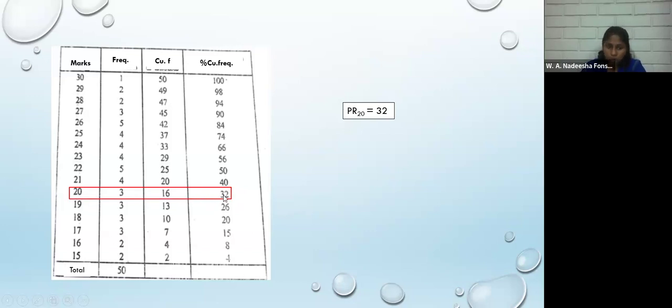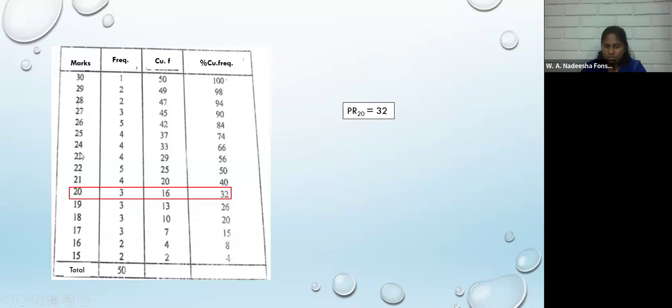32% students, not 32 students, but 32% students got 20 or below 20 marks. That is the meaning of that. So PR, percentile rank 20, percentile rank 20 equals 32. Understood?